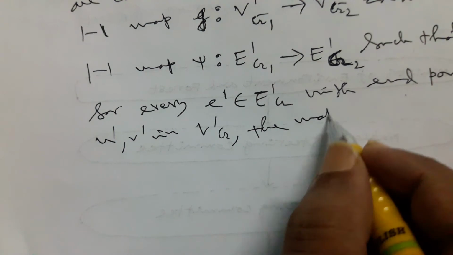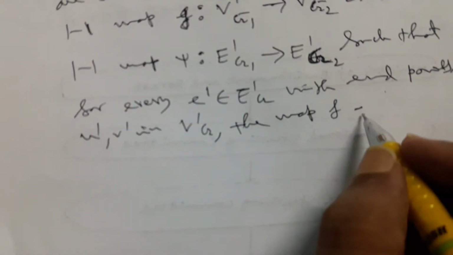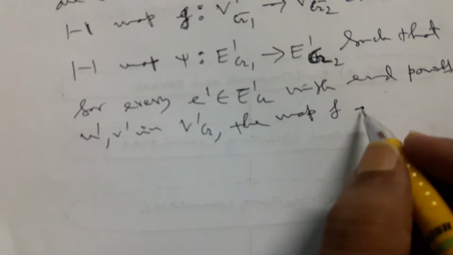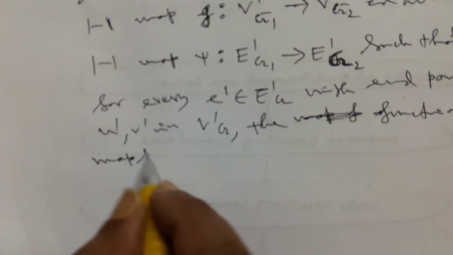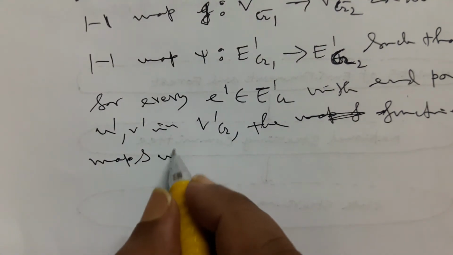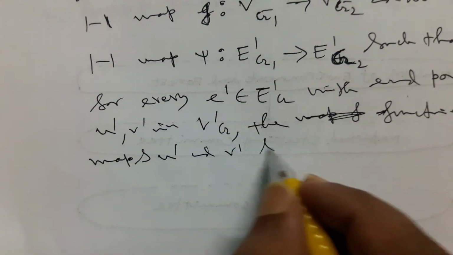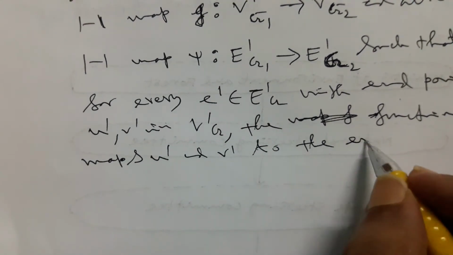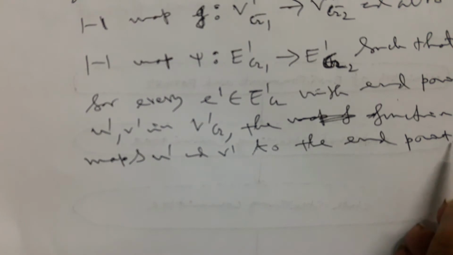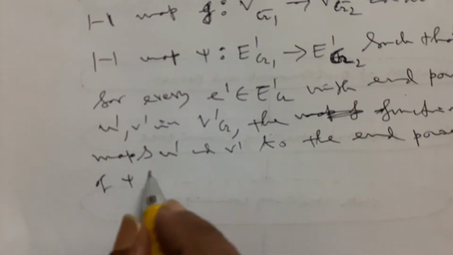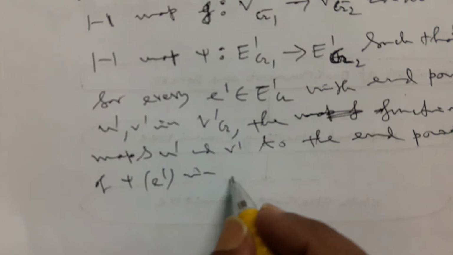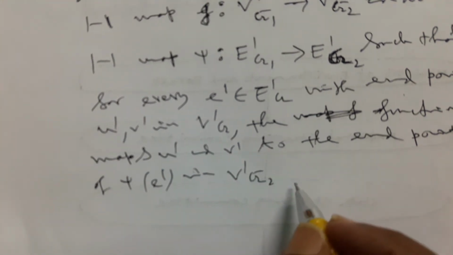the map, actually the function F, maps U dash and V dash to the endpoints of psi of E dash in V dash G2.